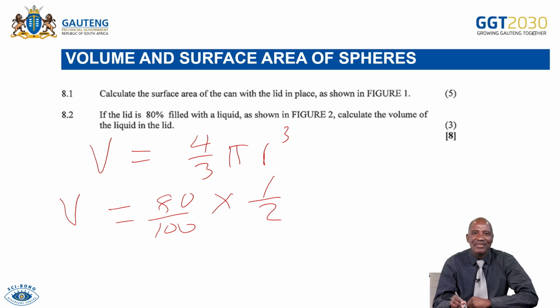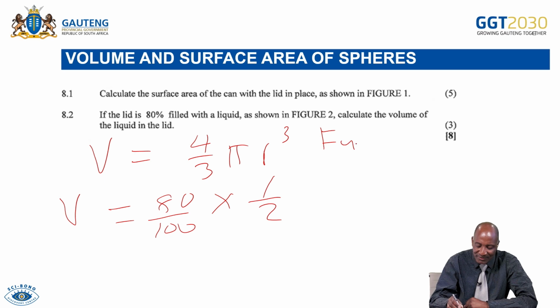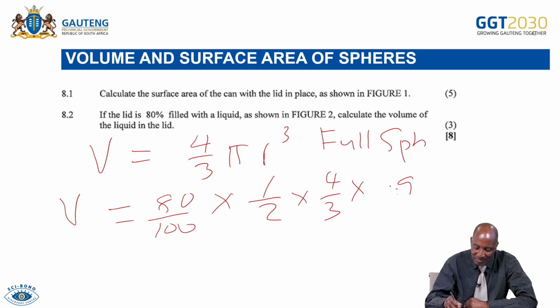It is a hemisphere, not a full sphere. This formula is for a full sphere, but ours is a hemisphere. So I'm multiplying by half, multiplied by 4/3, multiplied by pi, then times r cubed, which is 2.9 cubed.